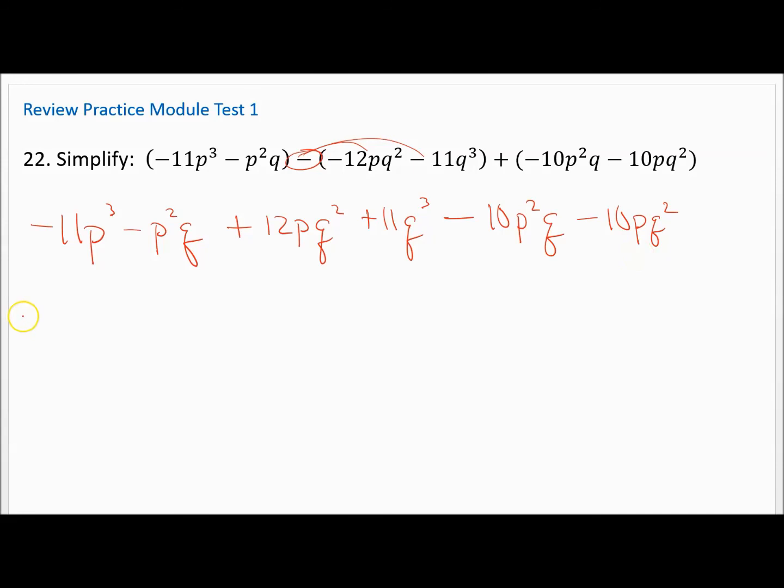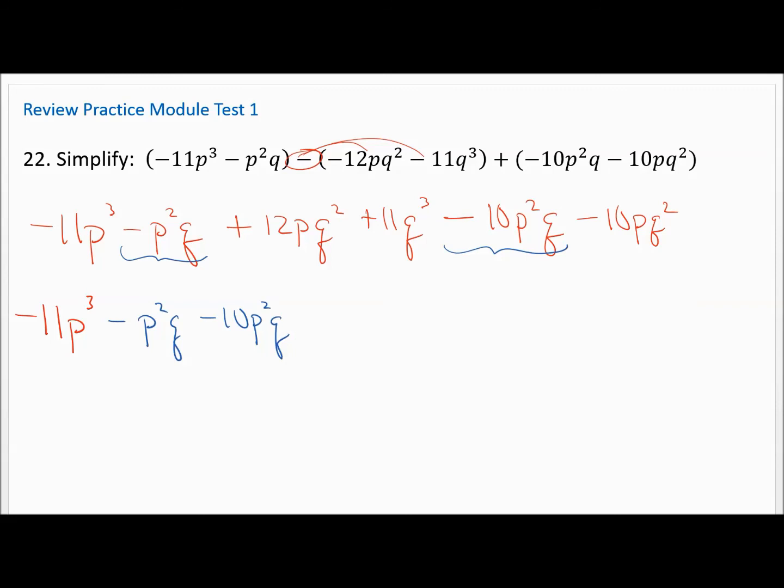All right, so I'm going to move it down, 11p to the 3rd. Does p squared q show up again? Now, I'm hoping you say, yes, it does, and that you see it. So here is a p squared q, and the minus 10 is also a p squared q. If you want, you could group those together. So minus p squared q minus 10p squared q.